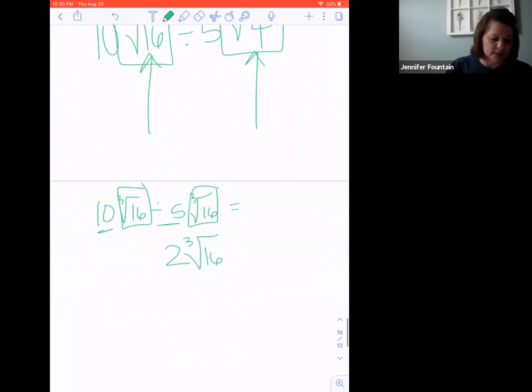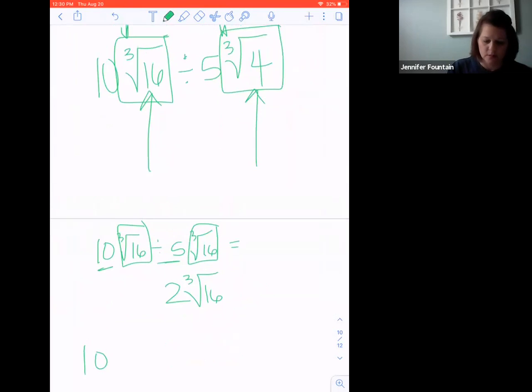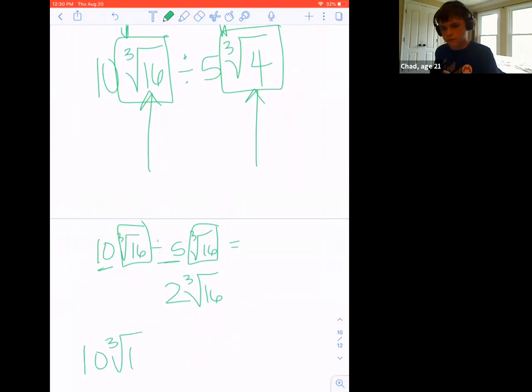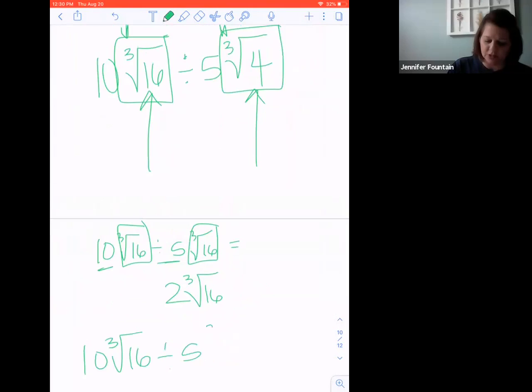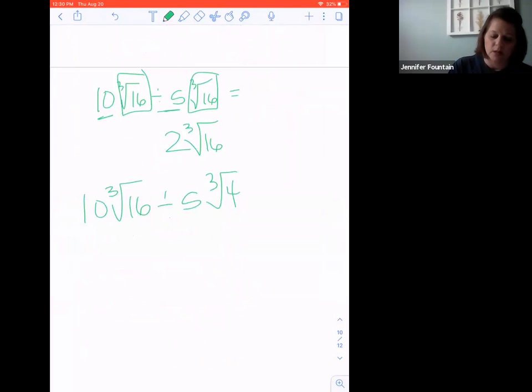The sample, the 10 times the cubed root of 16 divided by 5 times the cubed root of 4. Multiplication and division, only my indexes have to be the same.